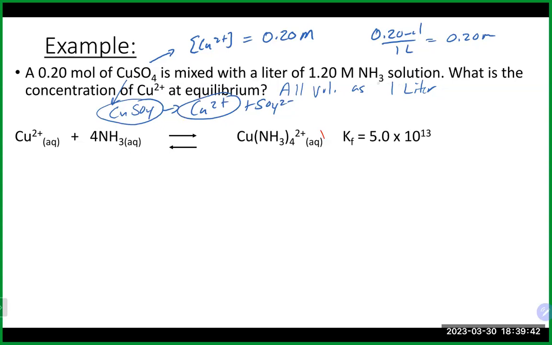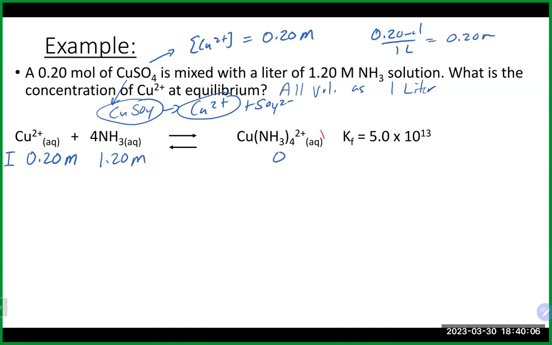The ammonia here is 1.2 molar. Again, we're just going to assume that the total volume is going to be 1 liter, so we're going to leave it as 1.2 molar. So we will do an ICE table in this case. Initially here we have 0.2 molar, we also have 1.2 molar, and 0 here.